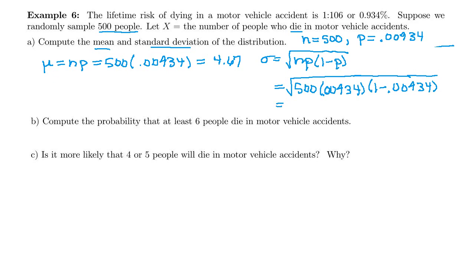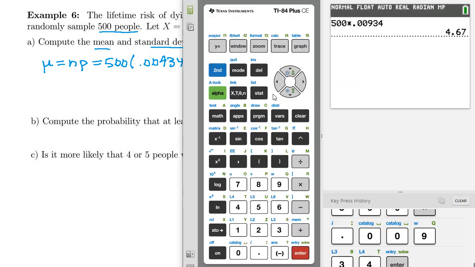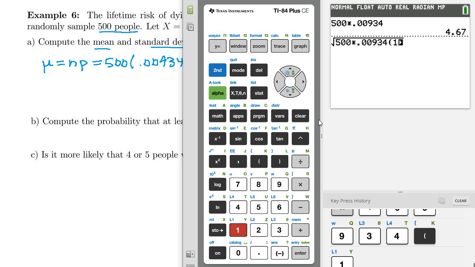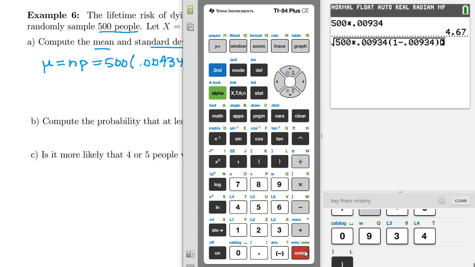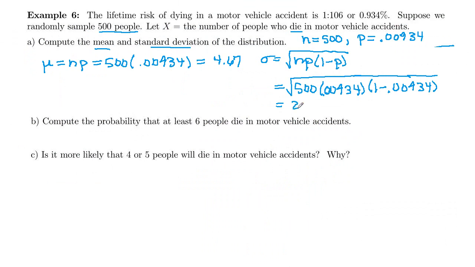Let's compute that. So square root, 500 times 0.00934, and then times parentheses 1 minus 0.00934. Close our parentheses up. 2.15. So mean of 4.67, standard deviation 2.15.